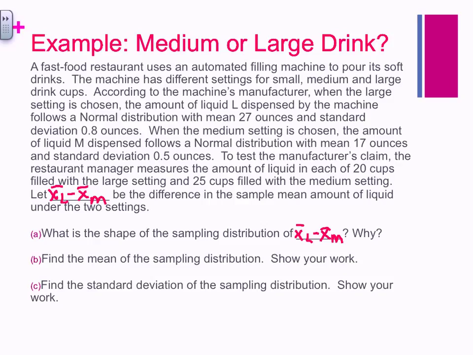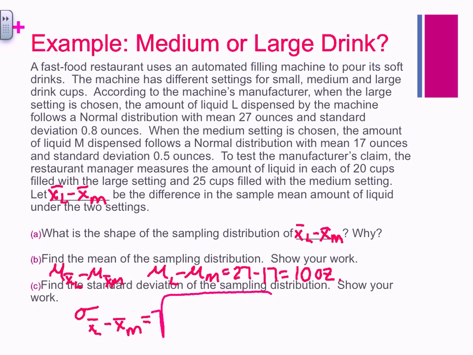Now we're going to find the mean. The mean is found by taking the difference of the means, so 27 minus 17 is going to be 10 ounces for the difference. Then the standard deviation requires a little bit more work than the means.